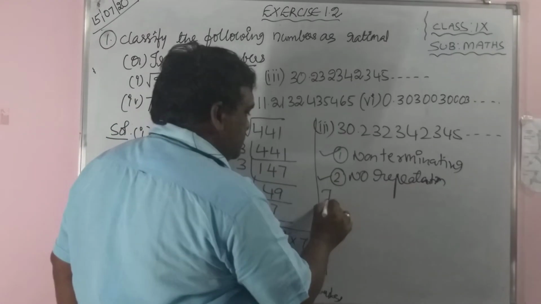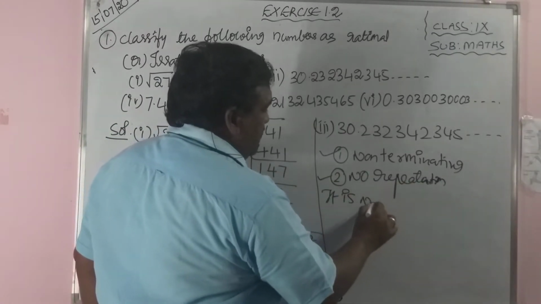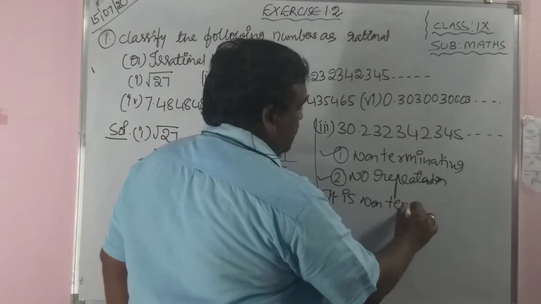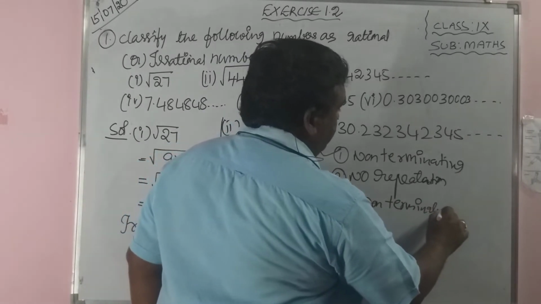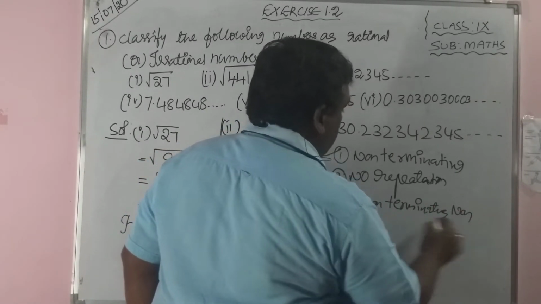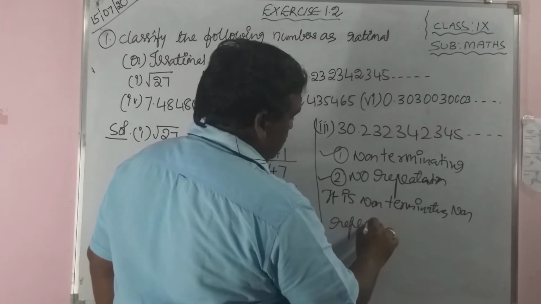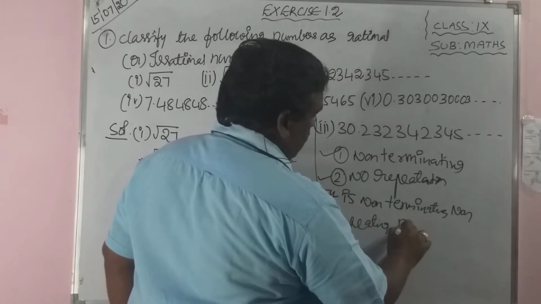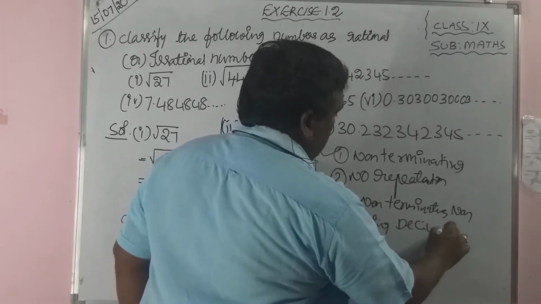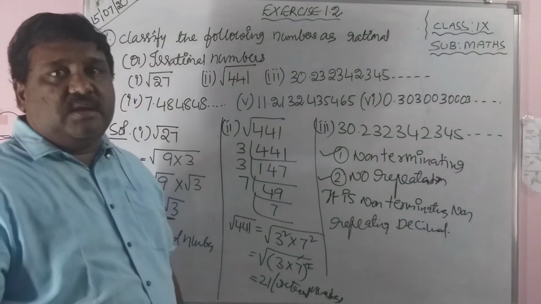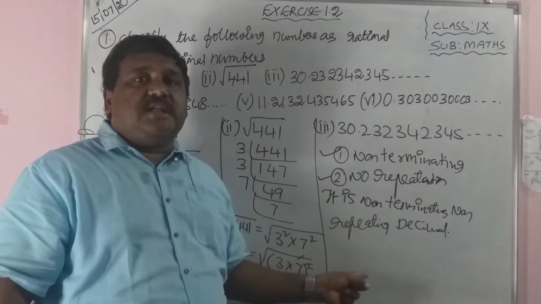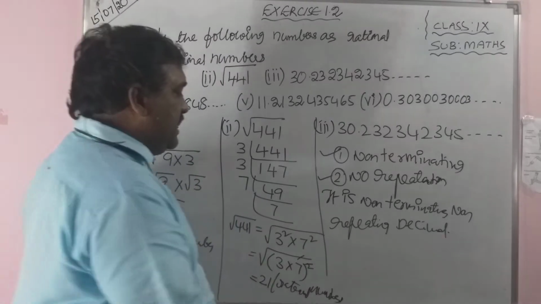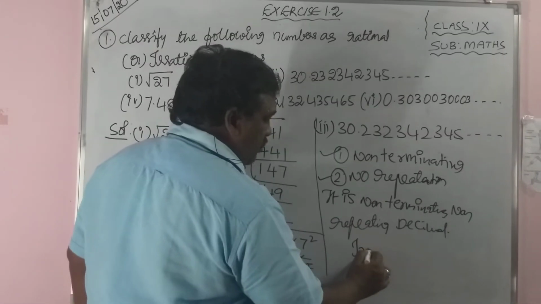Non-terminating, non-repeating decimals, what do we call them?